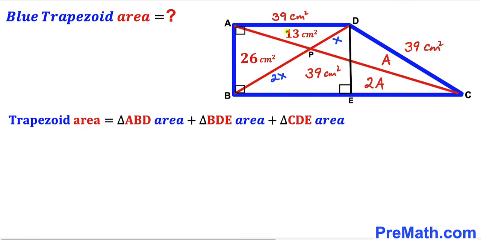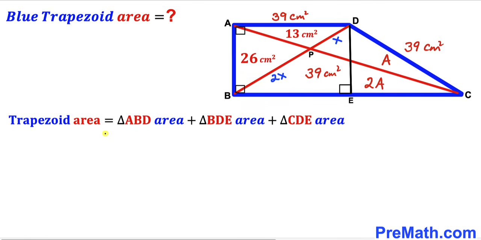The area of this triangle ABD is 39 centimeter square. The area of this triangle BDE is 39 centimeter square as well. And finally the area of this triangle CDE is 39 centimeter square as well.